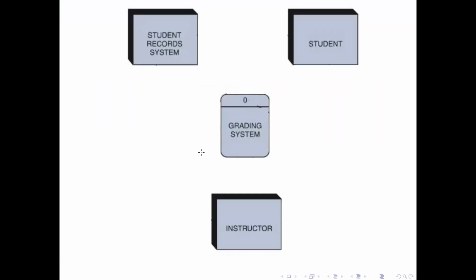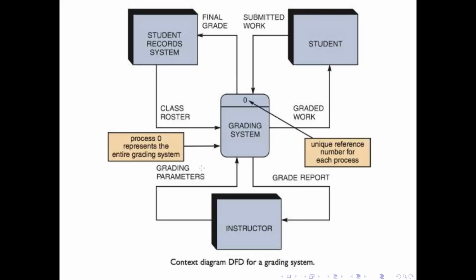Then there are other things which interact with the system, which we call entities. For example, there could be the student recording system, there could be instructors, there could be students. In the process of getting final grades, the system will look after a couple of things.